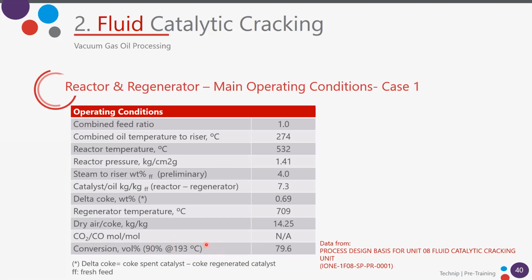But well, it's a set of formulas that we have to use according to the gasoline that we will produce in our unit. So these are the main operating conditions of this section, of course, of the reactor and regenerator, okay?